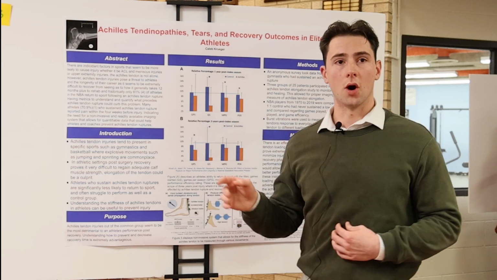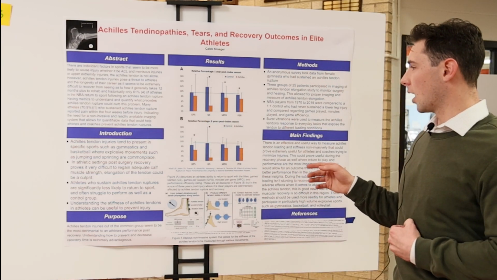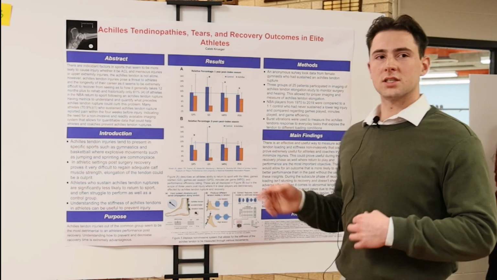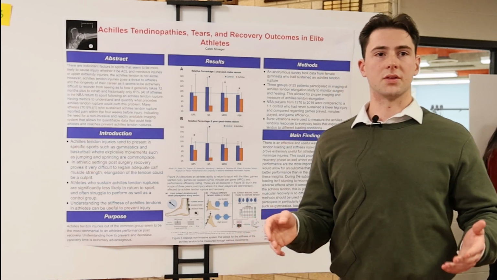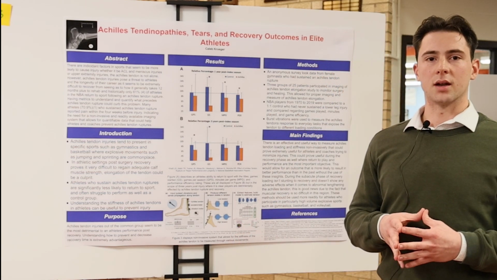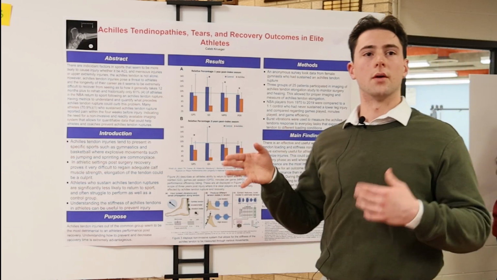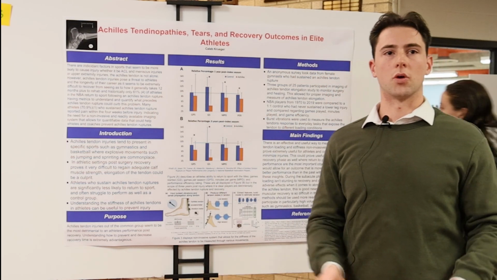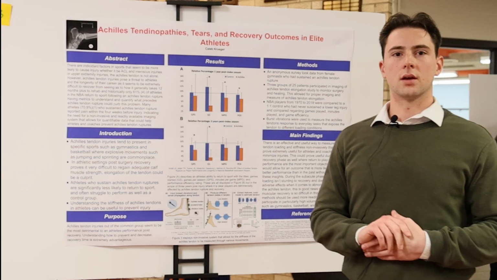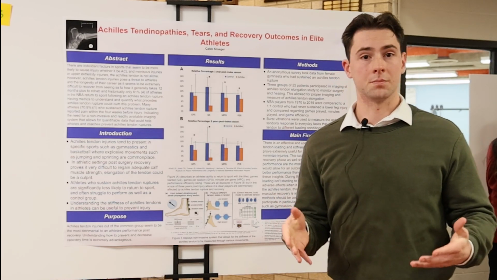This is important to know because we want to be able to detect these injuries and prevent them so that they don't end up in the situation of not being able to return to sport and ending their career.